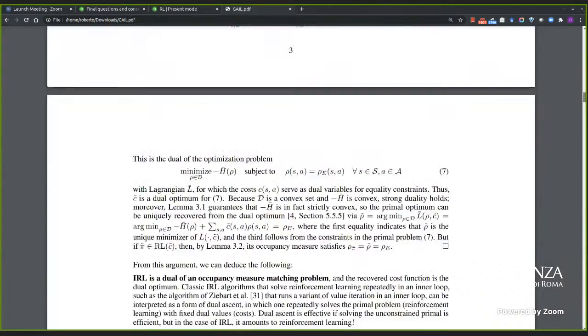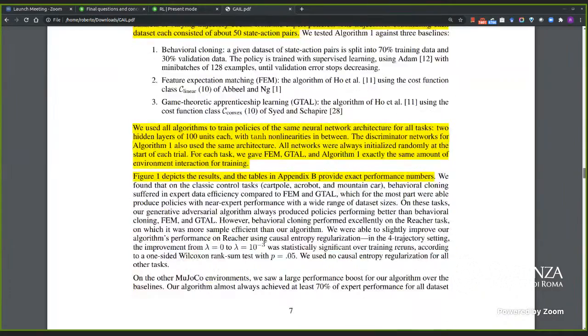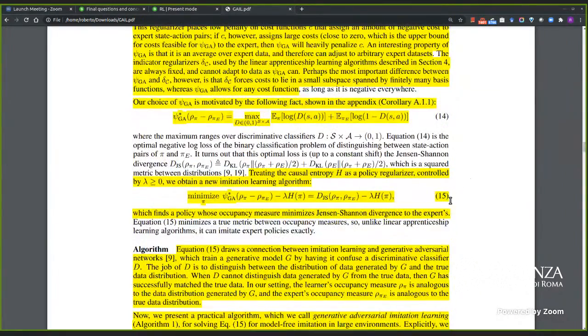And this is the same thing that is happening here, because if you look at equation 15, it's saying we want to minimize over the policy this objective.